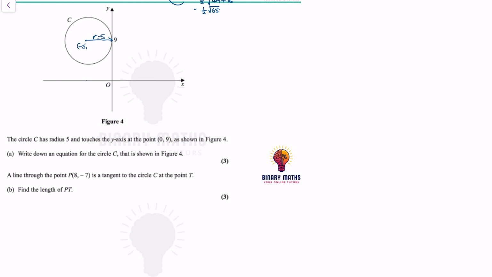And the y value must be 9 because it touches the y-axis at 9. So the center is -5, 9, and the radius is 5, which implies that the equation of the circle is x plus 5 squared plus y minus 9 squared is equal to 5 squared, which is 25.